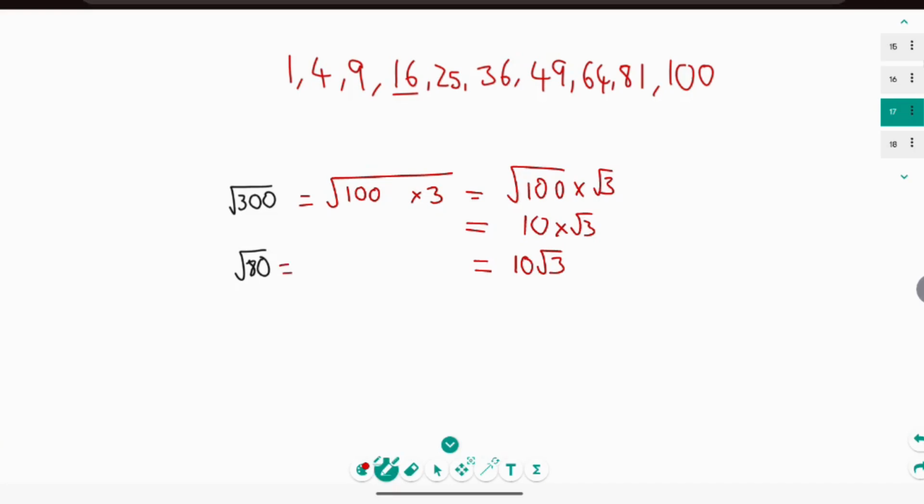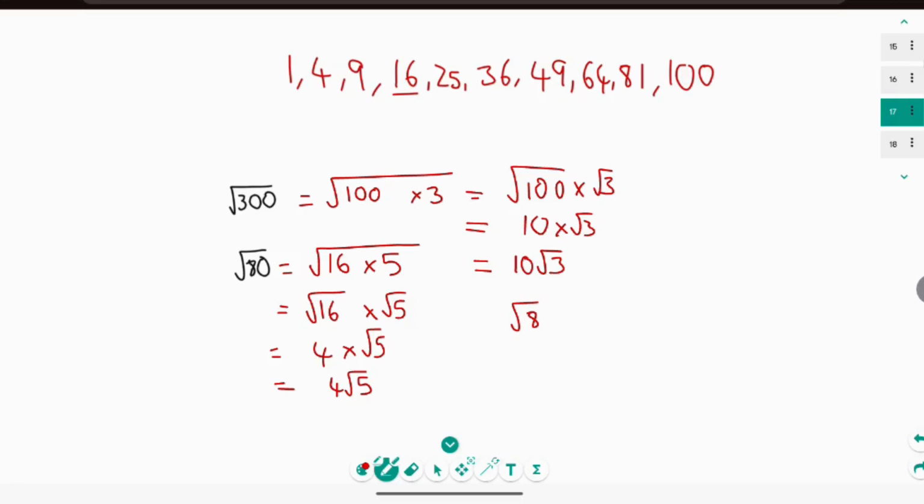You may not have spotted, but the highest common factor is 16 again. So if you had have used 4, you may not have it simplified fully. You might have to carry on simplifying. So 16 times 5. I think I will show you with using 4, just in case you did do that. But if you didn't and you have the answer, you can just fast forward this bit. So root 80.